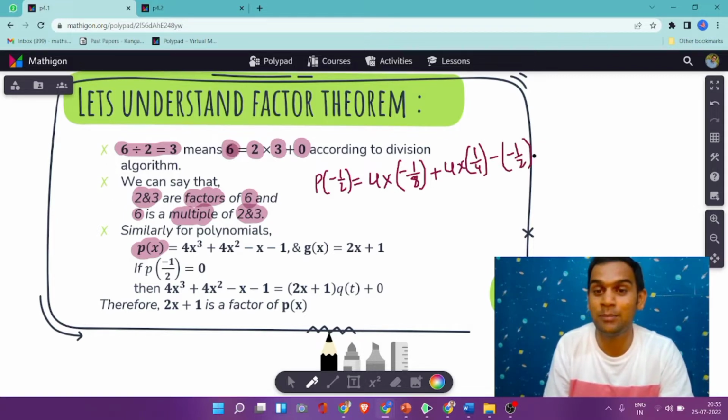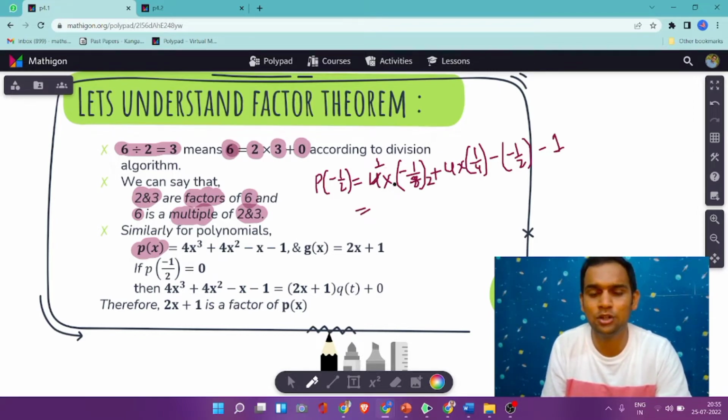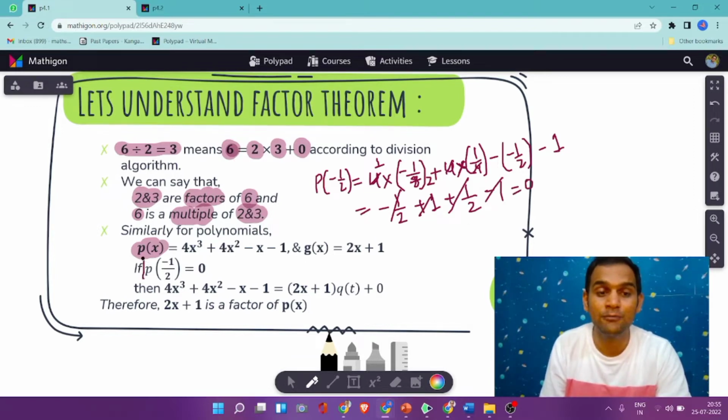I'll keep the bracket intact so that there is no confusion. Now, as you can see, the 4 and the 8 we can cancel out because there is a multiplication. So I'm left with minus 1 by 2 plus, 4 times 1 by 4 gets cancelled, so I'm left with 1. Minus of minus 1 by 2 is plus 1 by 2, minus 1. So minus 1 by 2 and plus 1 by 2 gives 0, plus 1 and minus 1 gives 0. So p of minus 1 by 2 is 0.